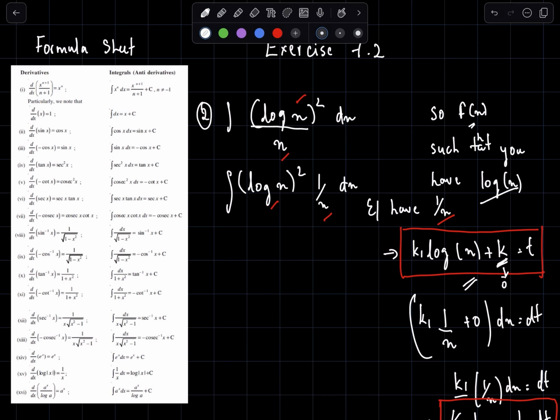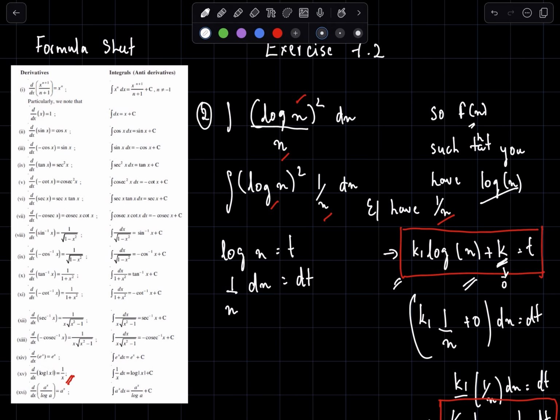So if we have both, now all we have to do is apply this. So log x is equal to t. Then you differentiate it, because if you see the differential, that's why I tell you always keep your formula sheet. Look at this. So 1 over x dx is equal to dt.